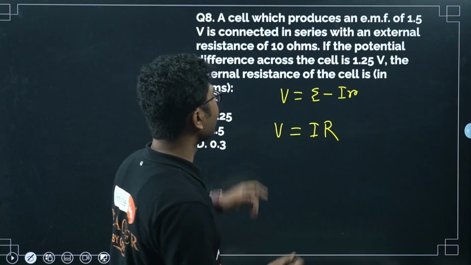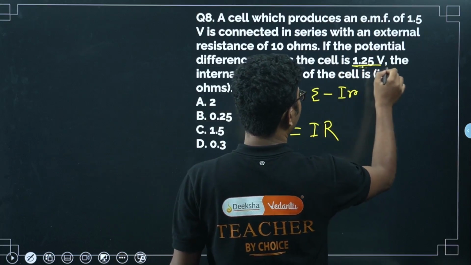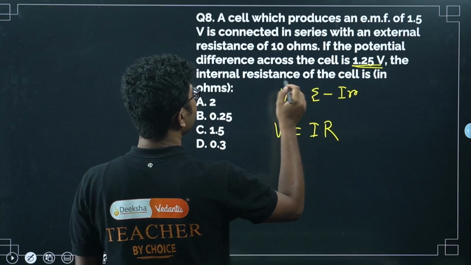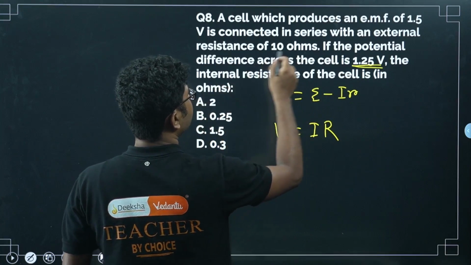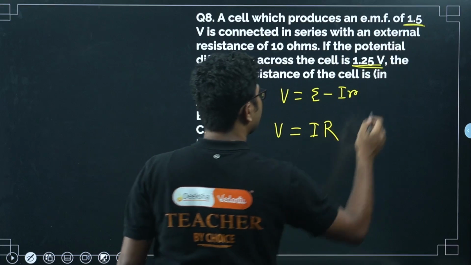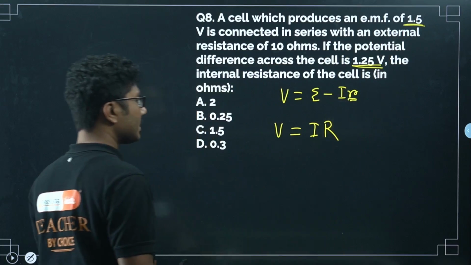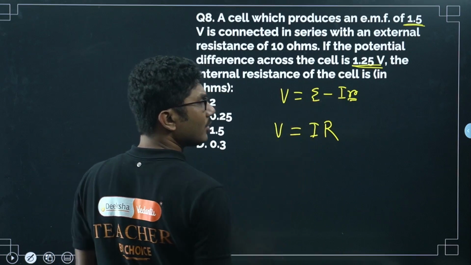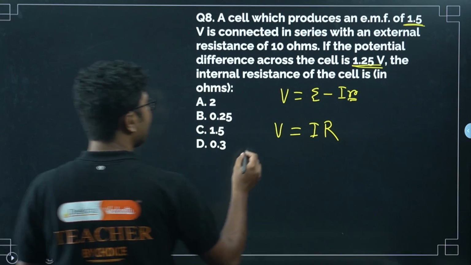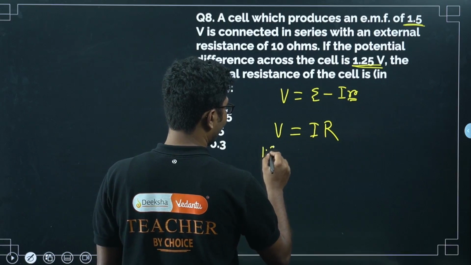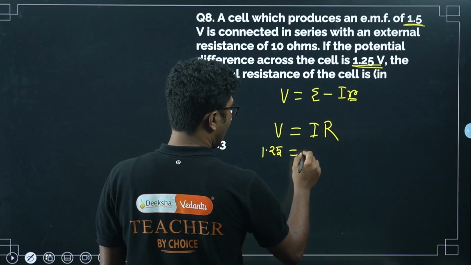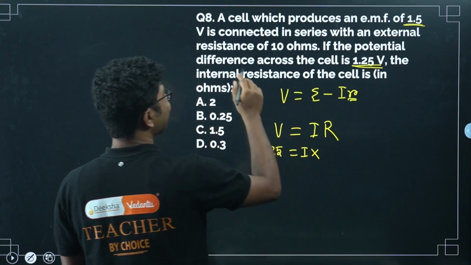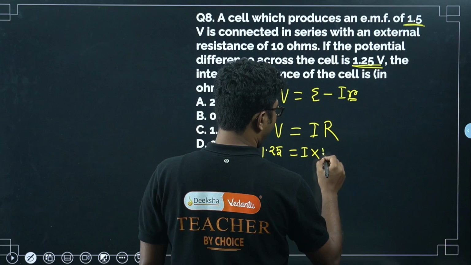Now V is given as 1.25 volt. Epsilon is given as 1.5 volt. They have asked you to calculate small r. So first we will calculate the current. If we can calculate the current, then using this formula we can calculate small r. So V is given as 1.25, I we don't know, resistance is given as 10 ohms.